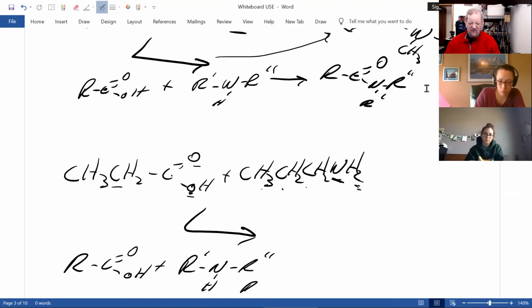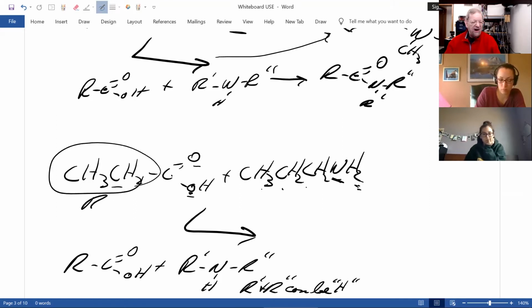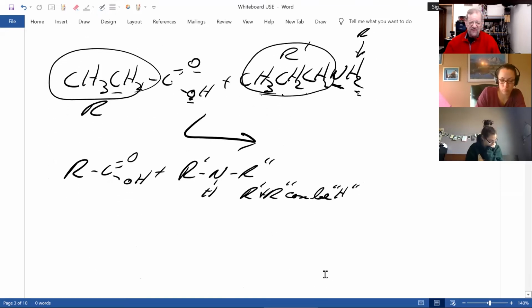And here, remember, R prime and R double prime, 1 or both, can be hydrogen. In this case, 1 is. So I'll call this R prime, and one of these hydrogen R double prime. And let me finish up down here. Here you get an amide.